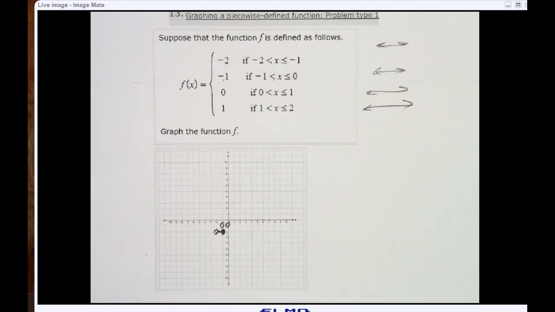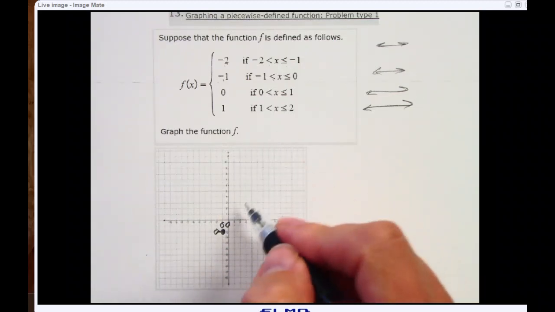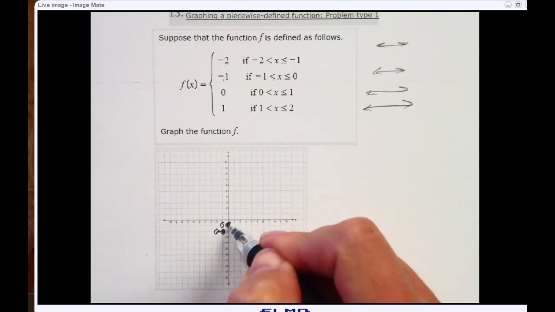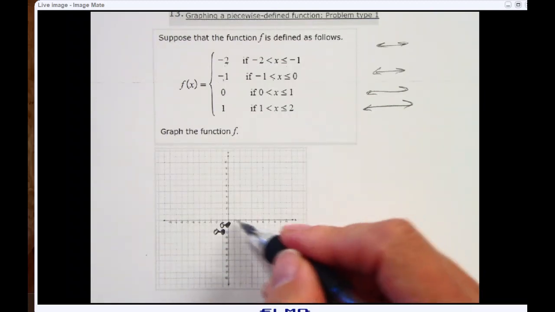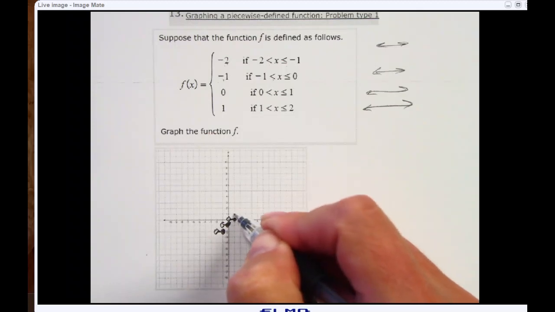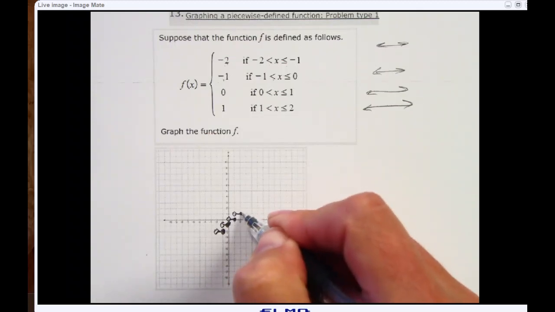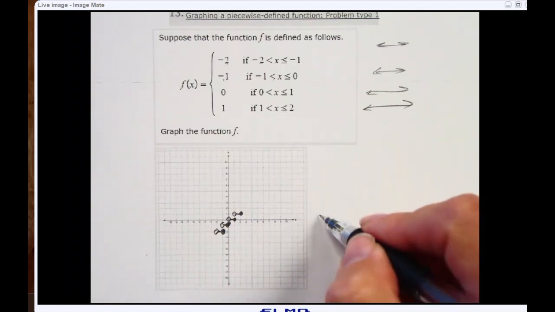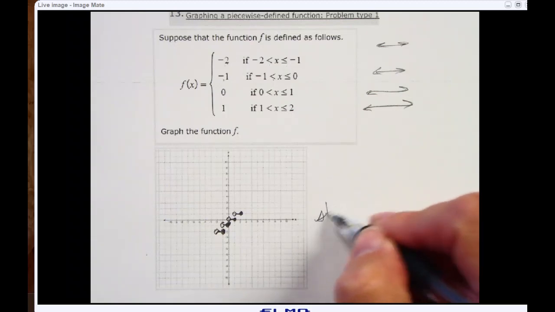Goodness gracious. And the right one is closed. Yep. And then 0 is here in between. Oh, now you should feel the pattern, you guys. This is a fancy piecewise function called a step function. I wonder why.